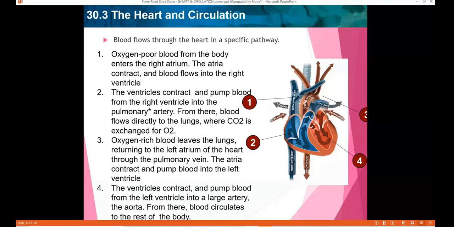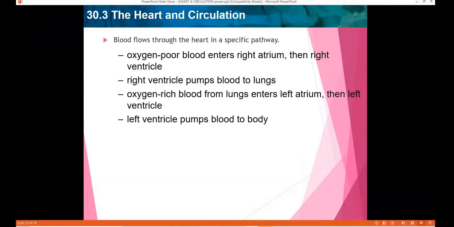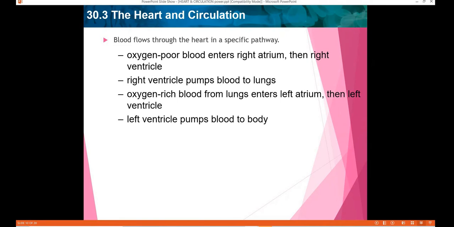You must have heard that a pacemaker has been installed, or that a particular person has undergone heart surgery. So what usually happens is, whenever the natural pacemaker gets damaged, they try to install an artificial pacemaker, which does exactly the same function. It is a small battery-operated thing which is installed in your heart by doing an open heart surgery.